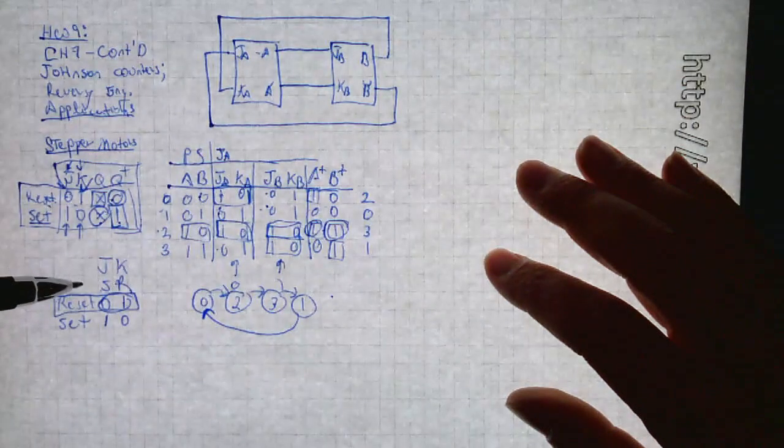And that's what we can expect from the twisted ring counter. That's our analysis. There's no gates involved, right? It's just wires and our knowledge of JK flip-flops.